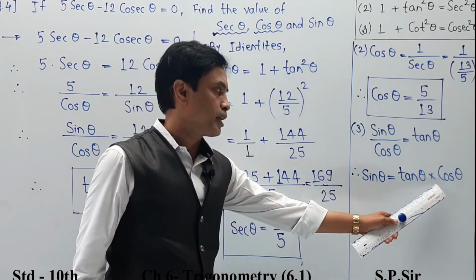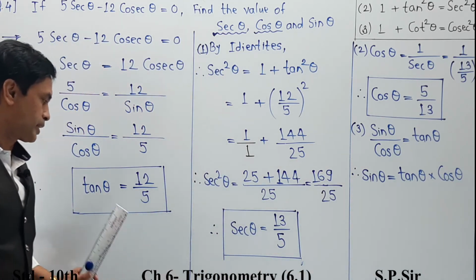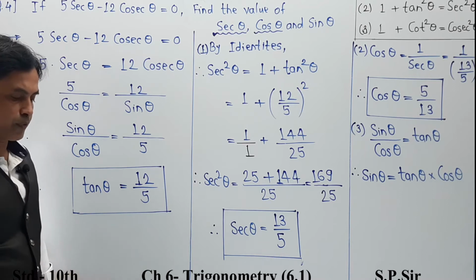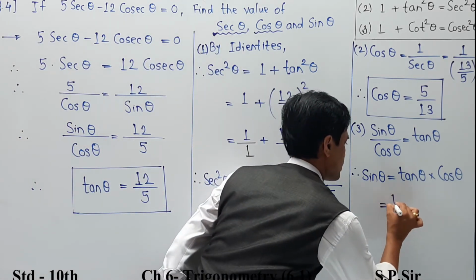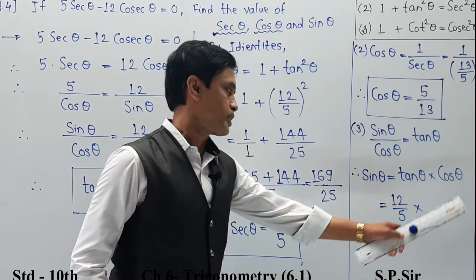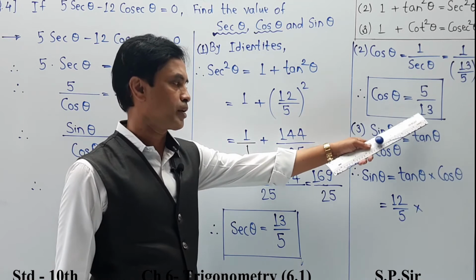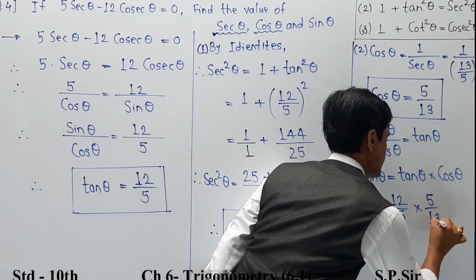Now what exactly is the value of tan theta? Tan theta is 12 upon 5. So tan theta is equal to 12 upon 5 into cos theta. Your value of cos theta is 5 upon 13.